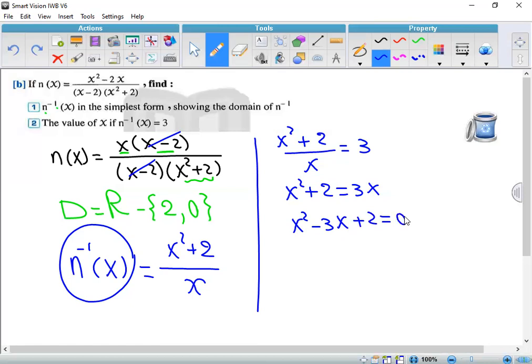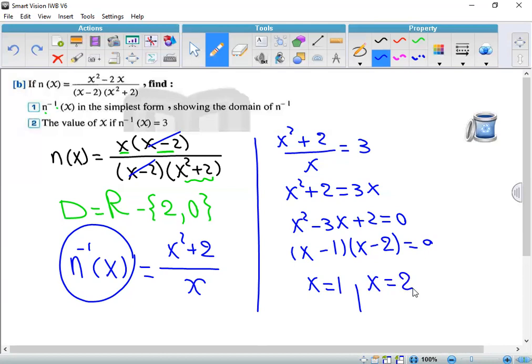This is the general form. Factorize the expression, x and x. Two numbers multiplying give 2 and the sum equals 3, 2 times 1. Then x equals 1 or x equals 2.